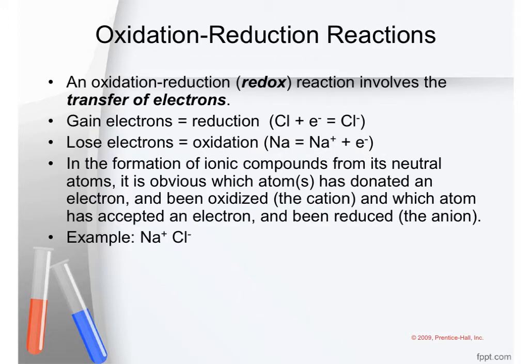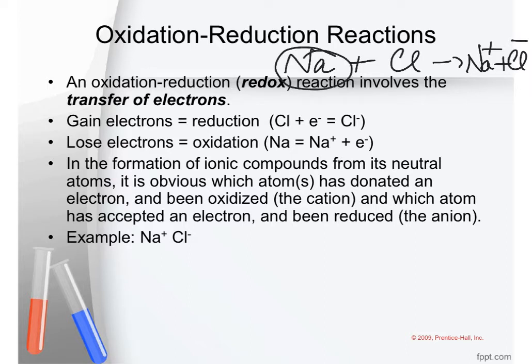All right, so a really simple example of an oxidation reduction would be formation of sodium chloride, table salt, from its neutral elements. So you can see in this case, the neutral sodium atom gave away an electron to the neutral chlorine atom to make the sodium cation and chloride anion.